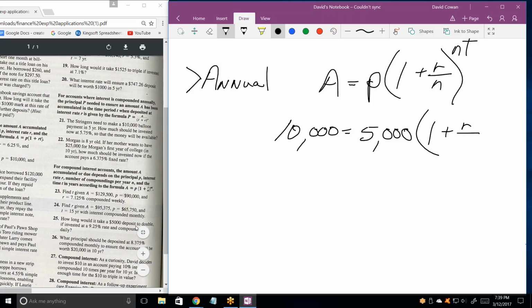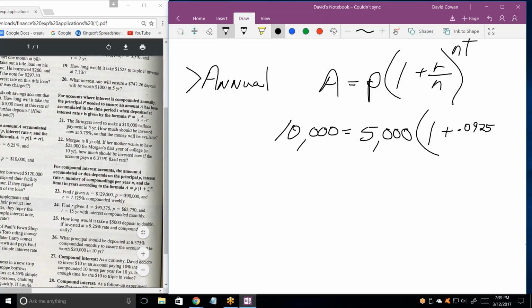Let's see. What's n? Oh, no, I'm sorry. On 25, we are going to solve for t. Excuse me. We will have to use logs because they give us r. What's r? R would be the 9.25? 0.0925.